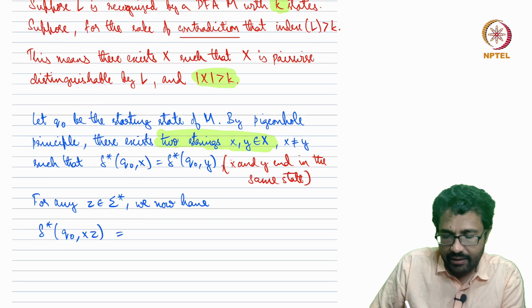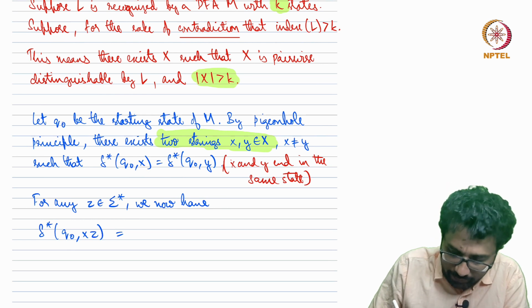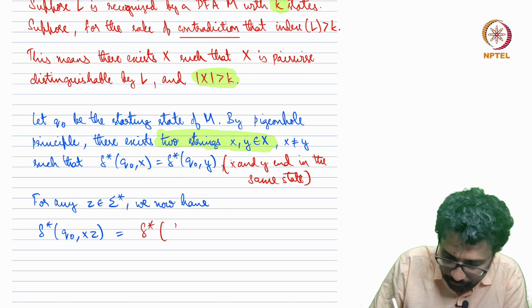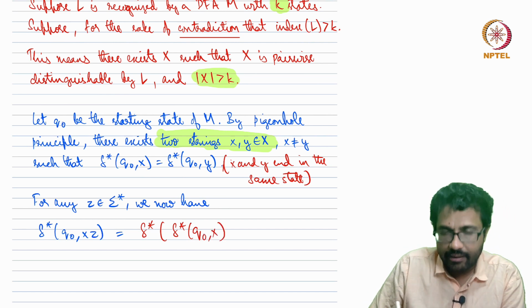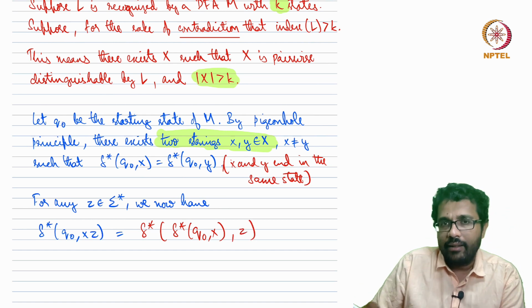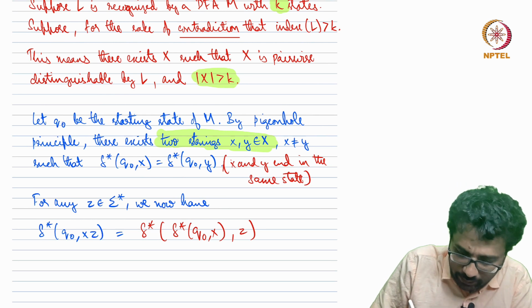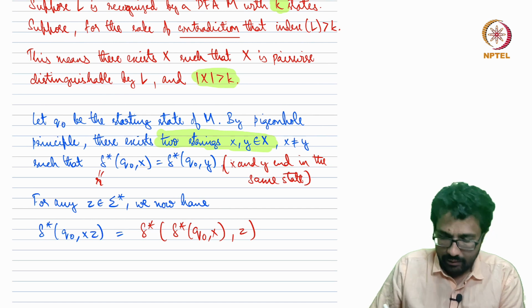This is the state where xz ends up, right? So another way to see this is, you first see where x takes q0, followed by where z takes it from there. So suppose x takes it to the state R, and then also y takes it to R, right?